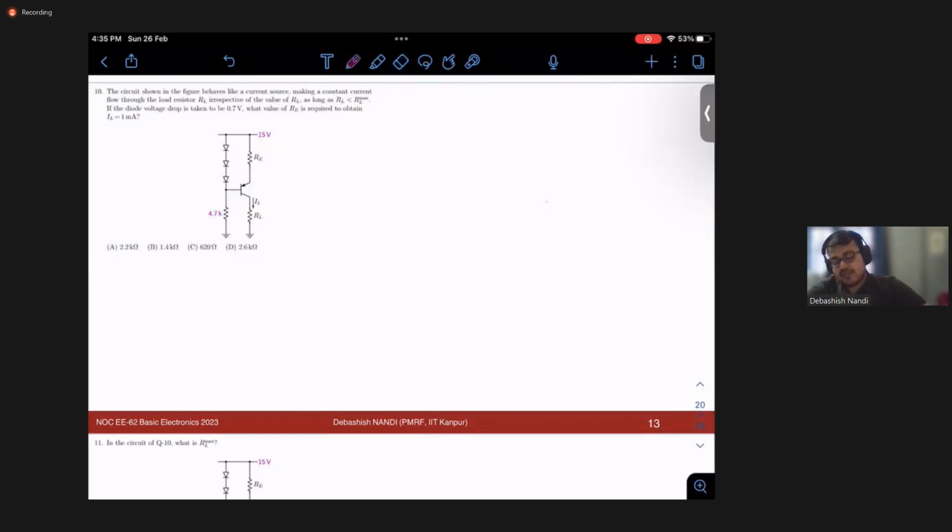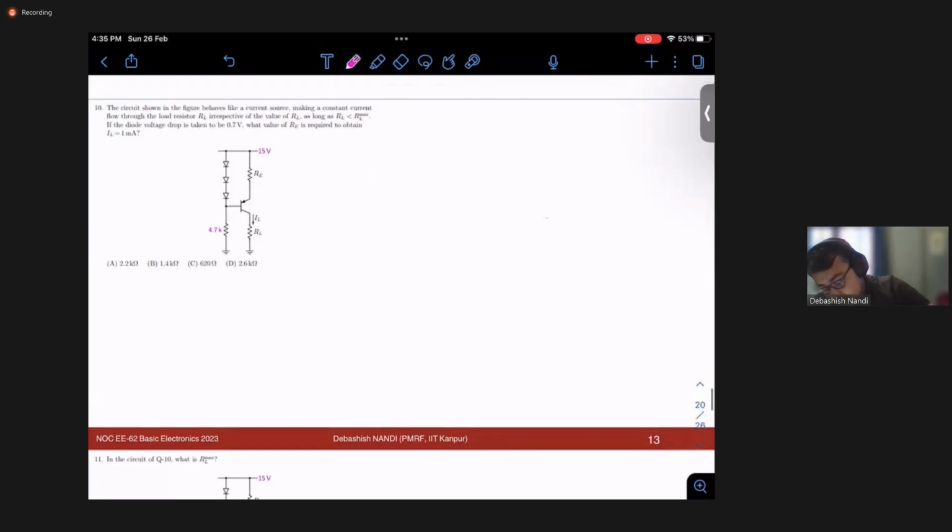So we see that it is a P transistor, then current, so it acts like a current source, making a constant current flow through the load resistor. What is the load resistor here? It is nothing but your collector resistor, right?